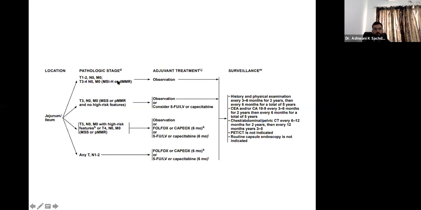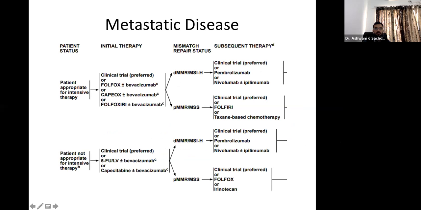is recommended by NCCN. In case of metastatic disease, those patients who are fit to tolerate intensive therapy are usually started with combined agent therapy with FOLFOX or CAPOX, with or without bevacizumab, or FOLFOXIRI. And those who are not appropriate for intensive therapy should be given single agent therapy.